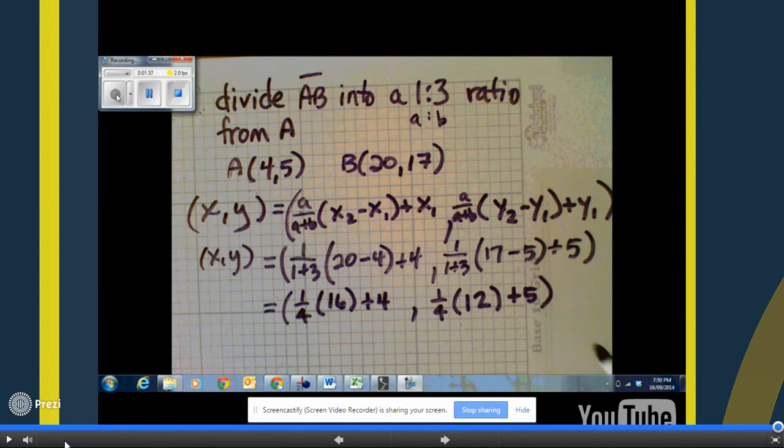These numbers should get familiar from the other example. Order of operations, we do the multiplication first, so this becomes 4 plus 4. The other coordinate, 1/4 of 12 is 3, so it becomes 3 plus 5. So our coordinates become 8, 8, which is what we had in the example.